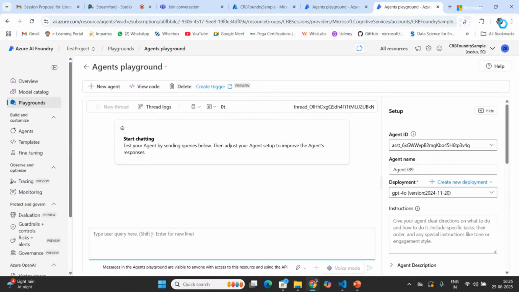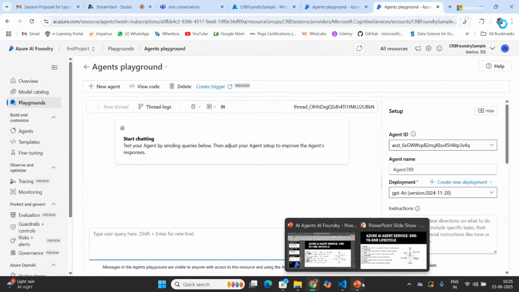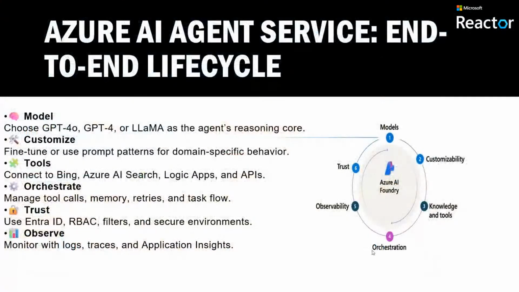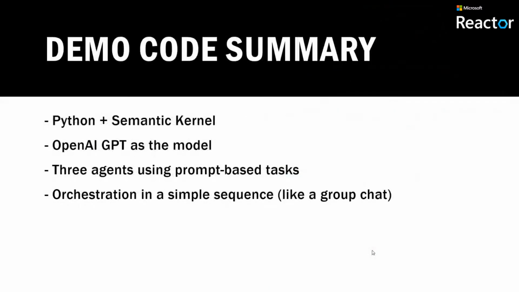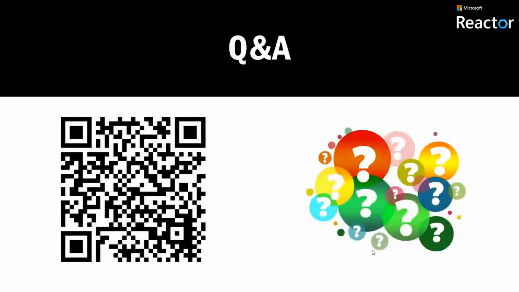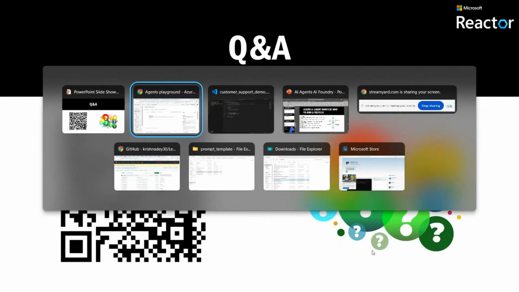Now I hope that the whole end-to-end flow of how we create the multi-agent architecture with the help of Semantic Kernel is clear for you. I am now open for any questions that you have, so that I would be able to answer them.